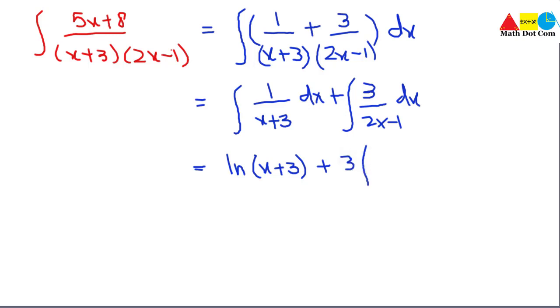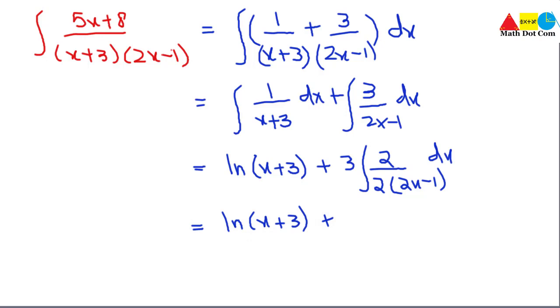Then it will be natural log of x plus 3 plus 3 by 2, and we have the derivative of the function in the numerator, that is 2, so we can say natural log of the function 2x minus 1, plus c.